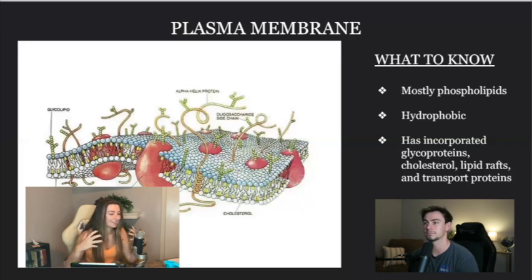The plasma membrane is dope, but it's also kind of like a lava lamp. It's constantly having to maintain homeostasis between exocytosis and endocytosis so that the plasma membrane doesn't get too big or small, and it can maintain a certain cell size.